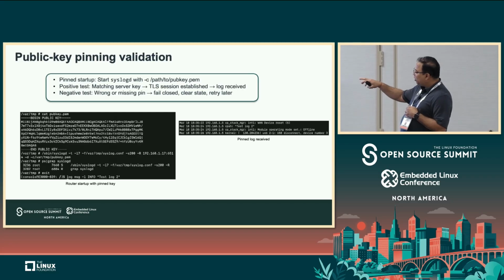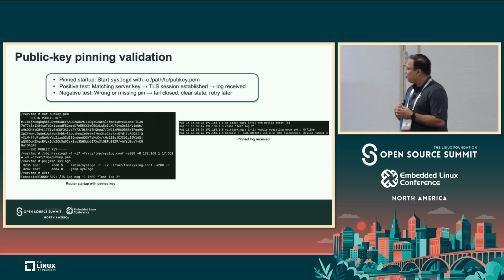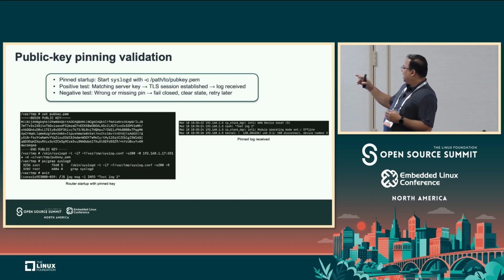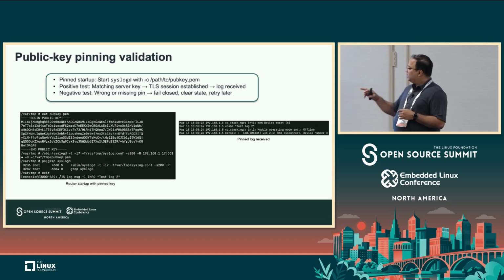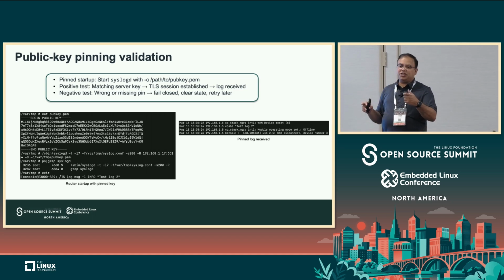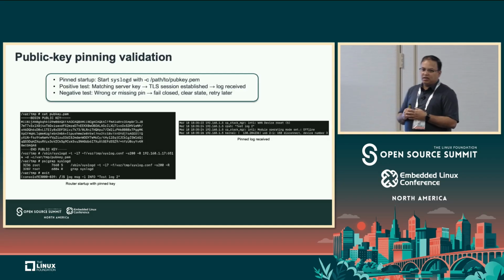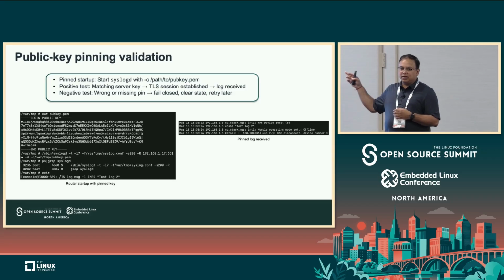Then while spawning the syslogd with the -d option, I provided the -c option along with the public key pin file. Now, because the server also has the same key, it will connect to that server. If I change it to another server, it will deny that connection. So now my client can only connect to a specific server given that key.